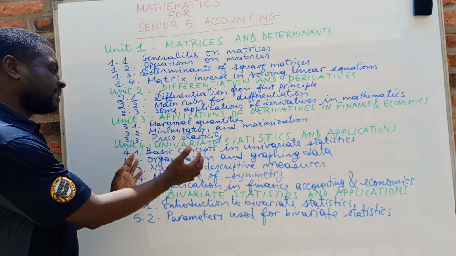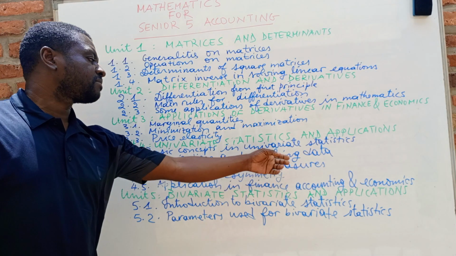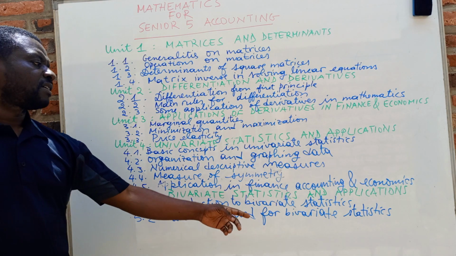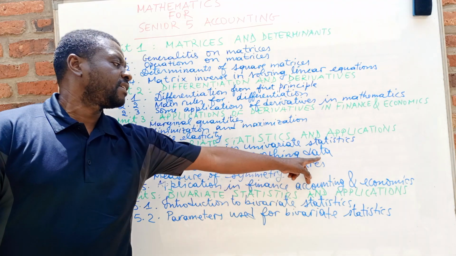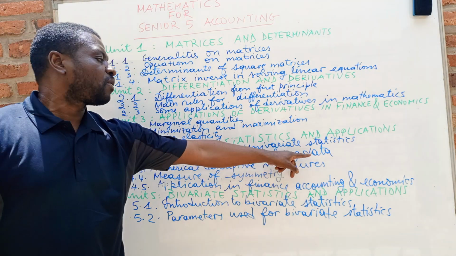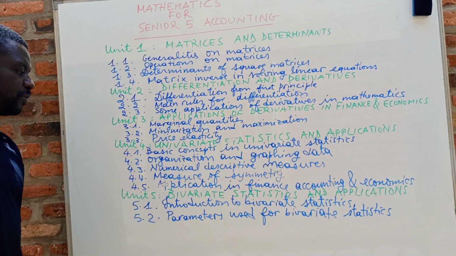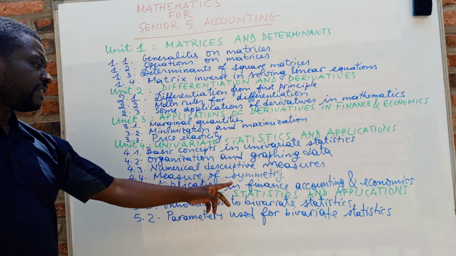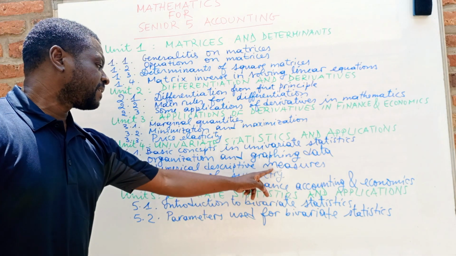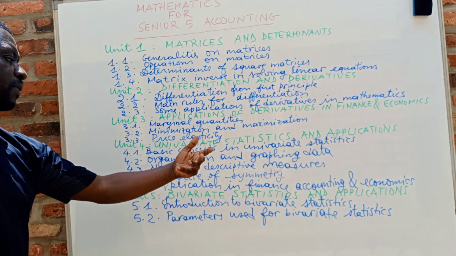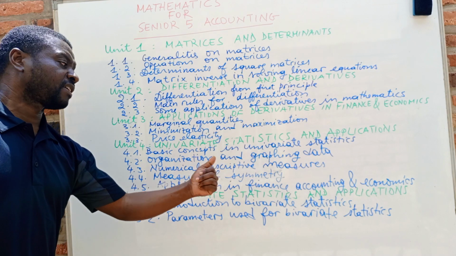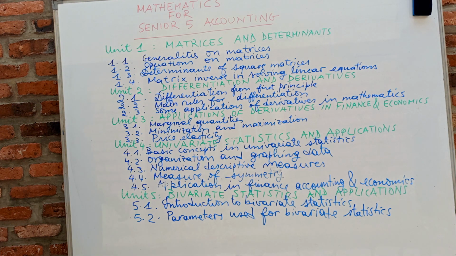We can organize them, especially we can use some graphs of these data, which are univariate or one variable distribution. Subunit number 3 is about descriptive measures or descriptive parameters for univariate, in case of one variable, univariate data.